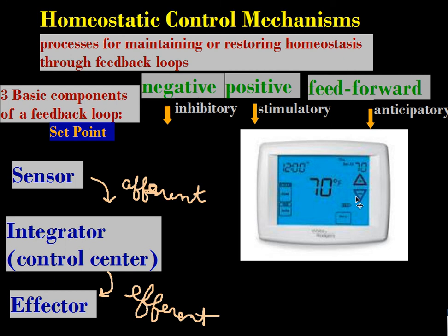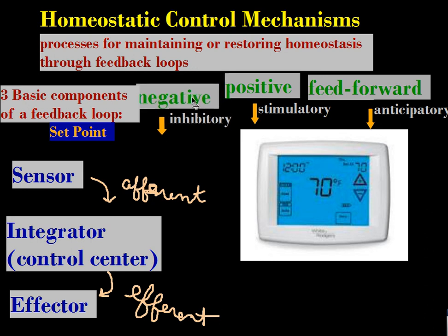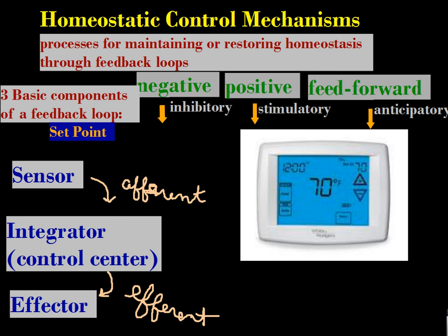Now I put a thermostat up here because it's a really good analogy of how homeostasis works, and especially how the negative feedback system works. On this thermostat, it is set at 70 degrees. The room temperature here is also 70 degrees, but if this room temperature were to rise to 74 degrees, there's going to be a sensor inside this thermostat that will sense it and send a signal to the integrator.